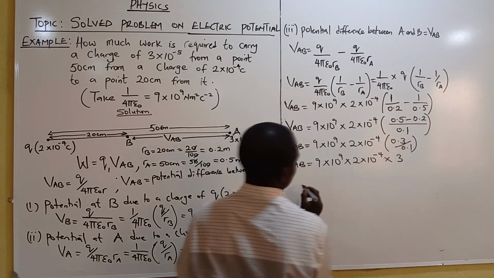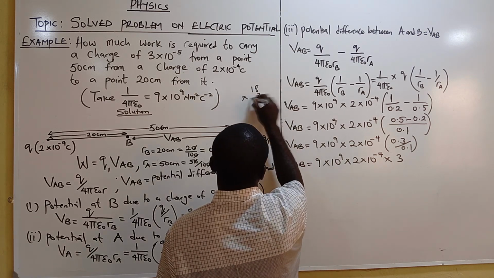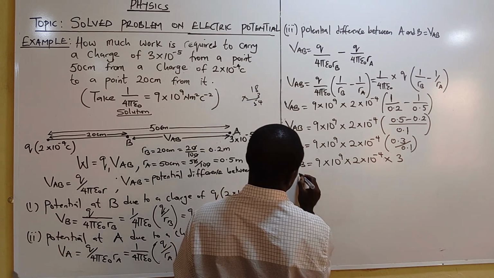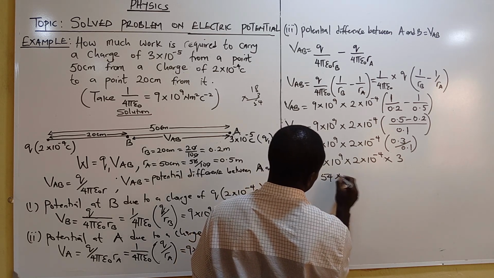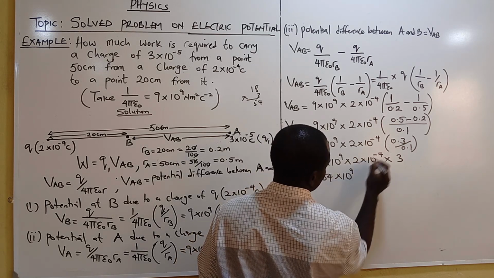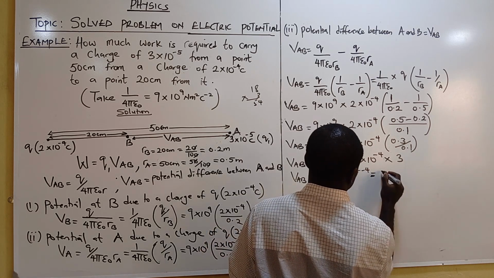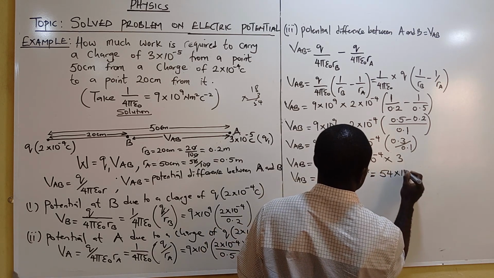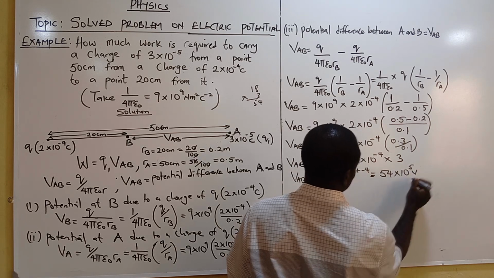Times 3. 9 times 2, that's 18. 18 times 3, that's 54. VAB equals 54 times 10 to the power 9, indices plus minus 4, which is 54 times 10 to the power 5 volts.